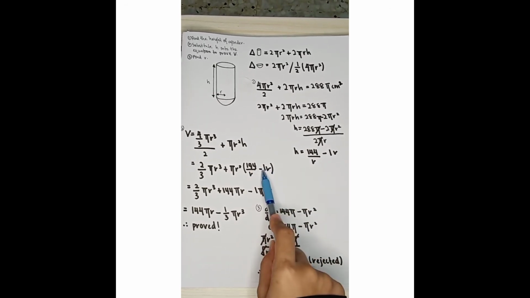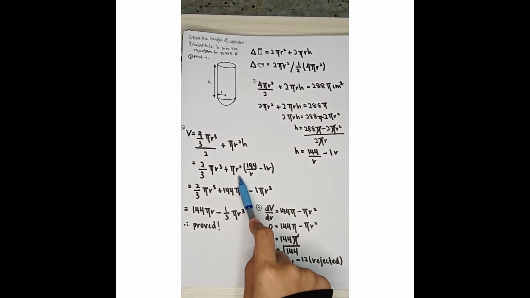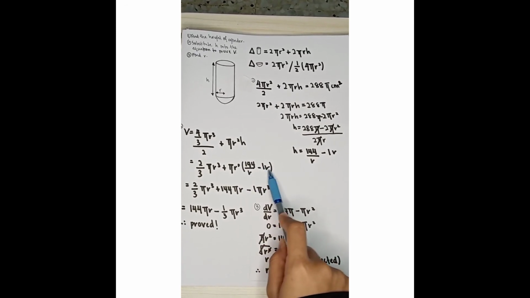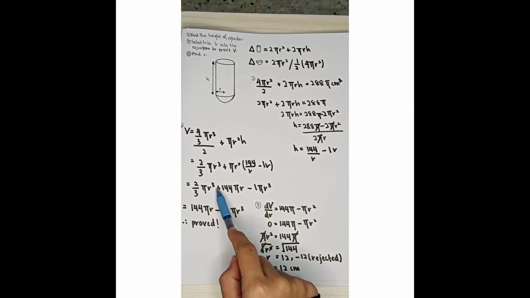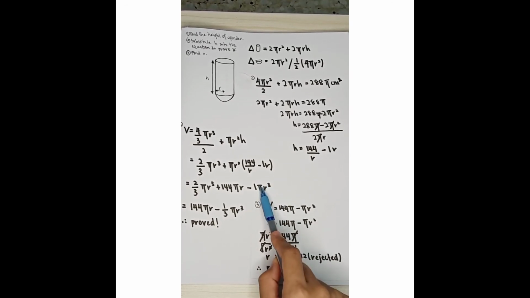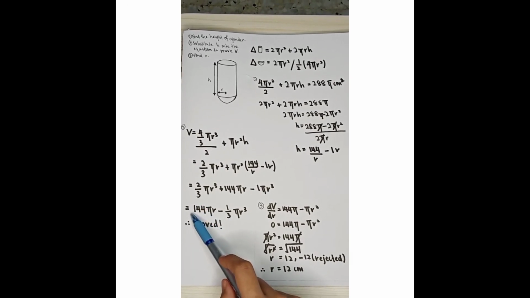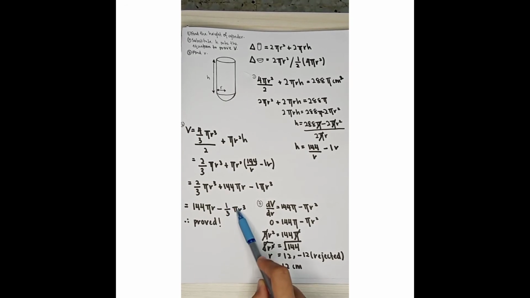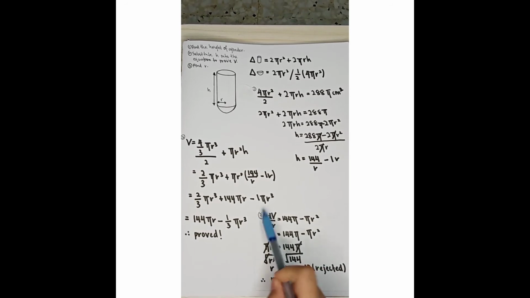So we put it in, and it will be pi r squared multiplied by 144 over r minus r. So it will be 2 over 3 pi r cubed plus 144 pi r minus pi r cubed. Next, equal to 144 pi r minus 1 over 3 pi r cubed. So the equation is proved.